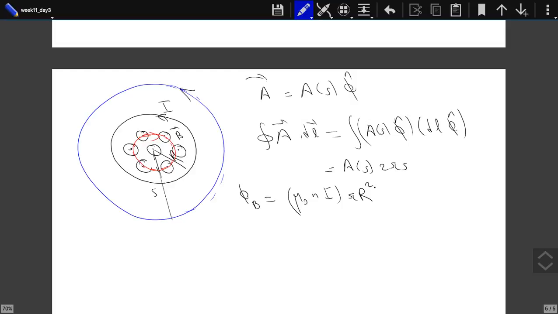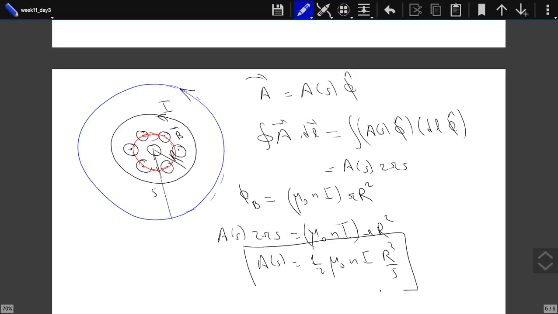So this is also positive now. So A(s) times 2 pi s is equal to mu 0 n times I pi r squared, or A(s) is equal to 1 over 2 mu 0 n times I r squared over s. Exactly the same result with the same signs.